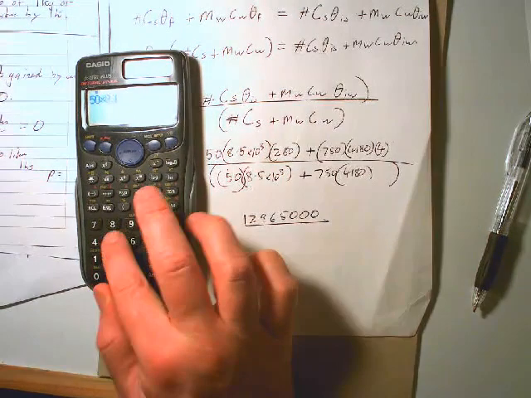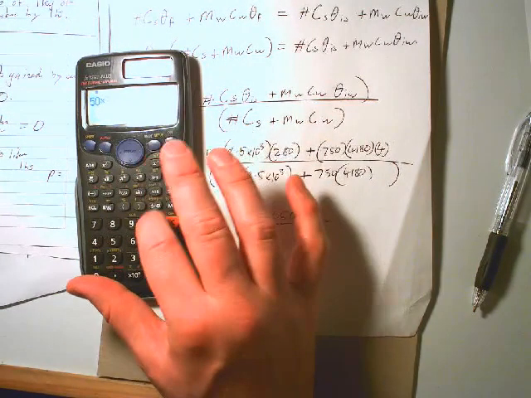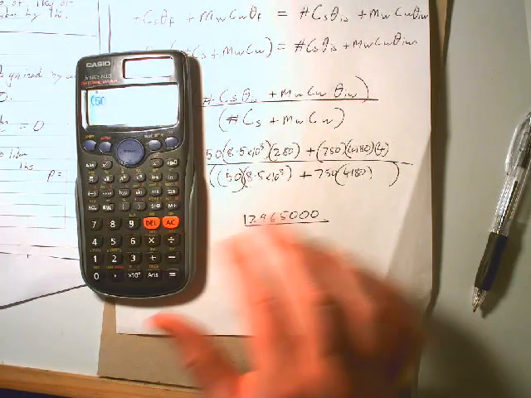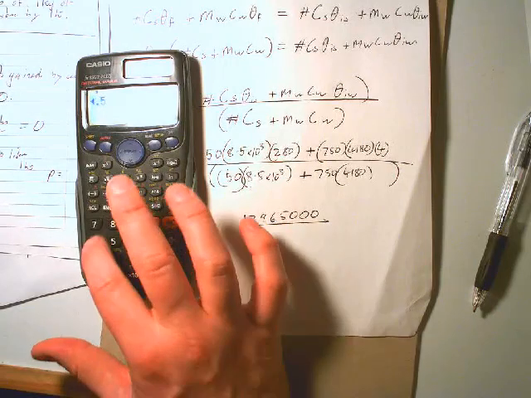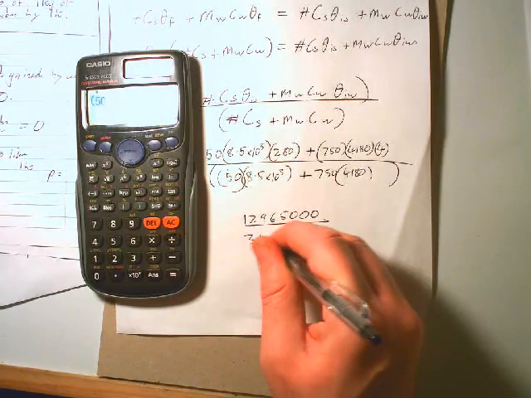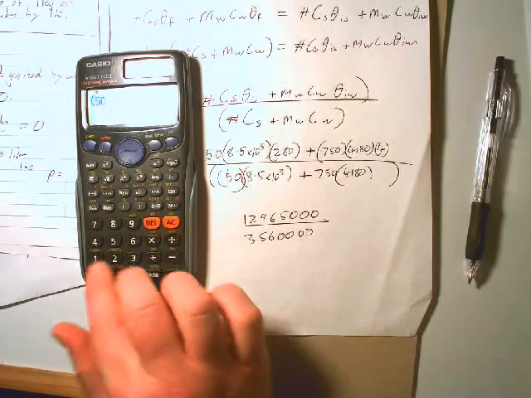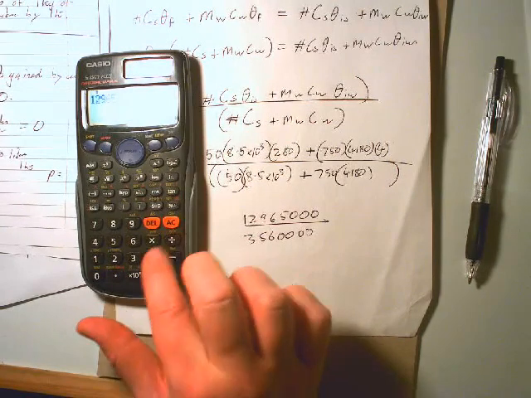And I'm going to work out the bottom line. 50 times 8.5 times 10 to the power of 3, plus 750 times 4180. So my bottom line here is 3560000.